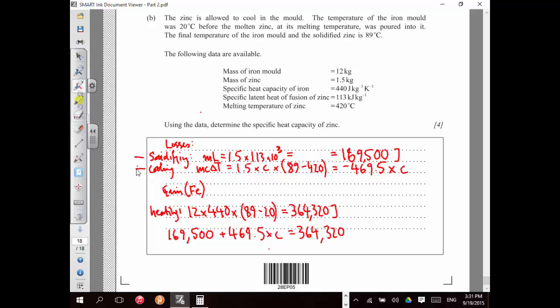And so here we can just rearrange that to find C. Let's just do the final calculation in this little corner. C is going to be equal to 364,320 minus 169,500, all divided by 469.5. So let's see what we get here.